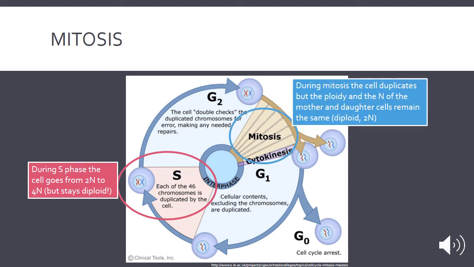Now, when a cell goes through mitosis, as we're about to see, keep in mind that the mother cell and the daughter cells will have the same ploidy and the same N number. So you're making identical copies of the mother cells. Meiosis is different, and we'll talk about that in a minute.